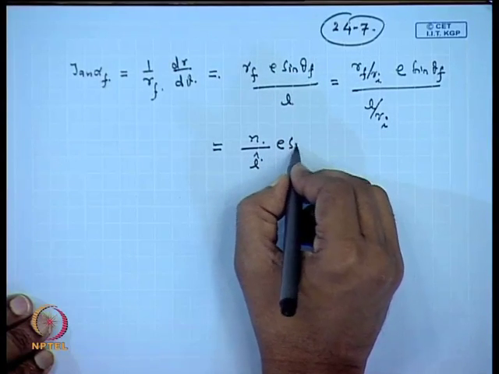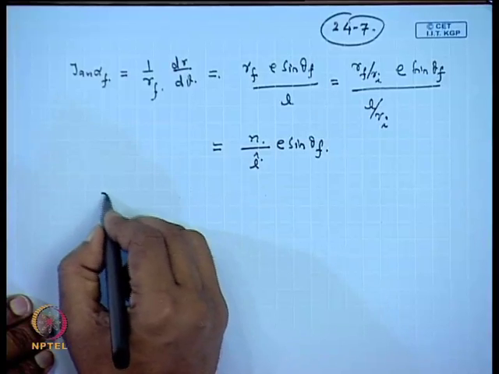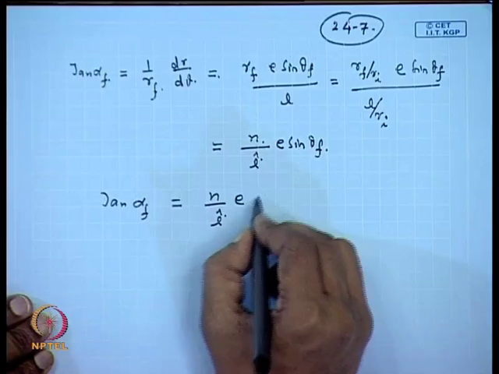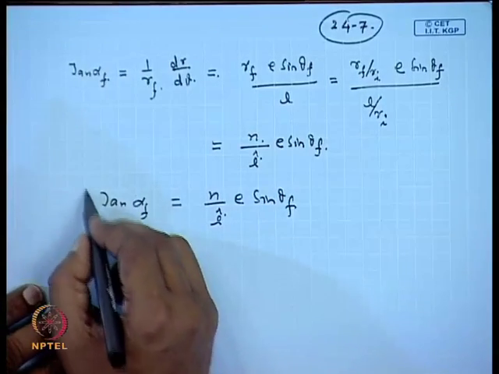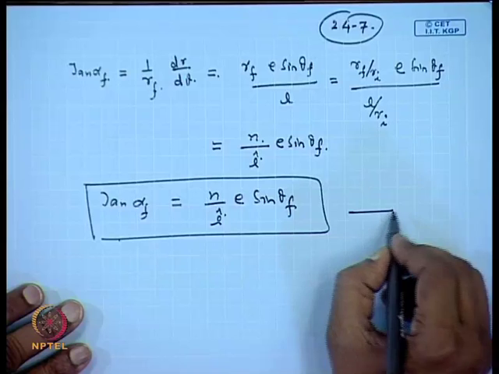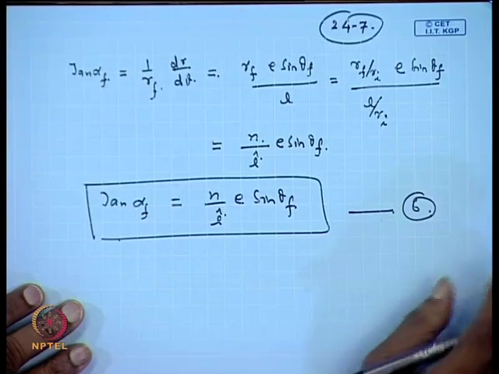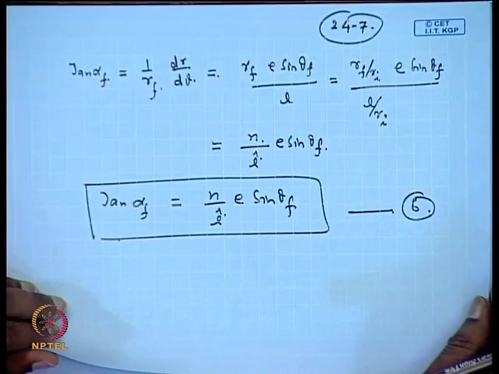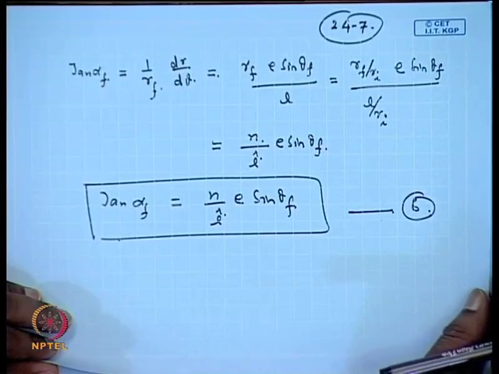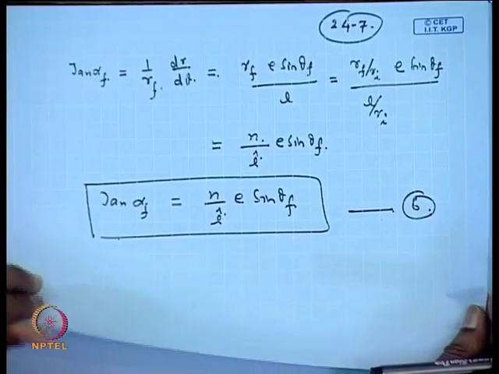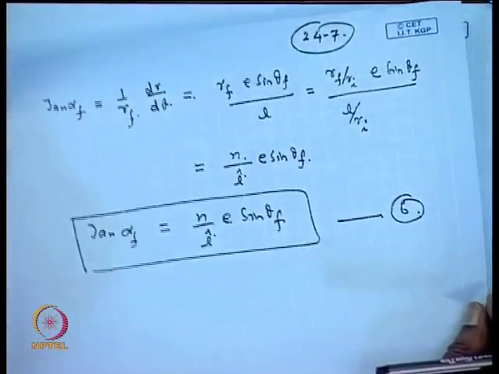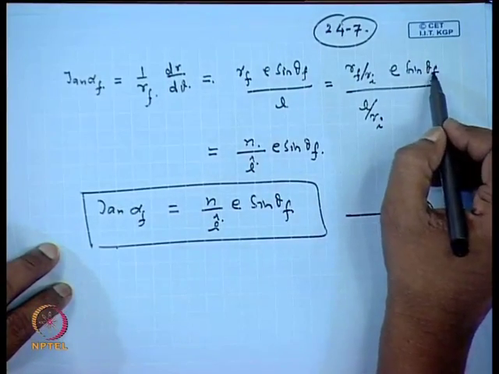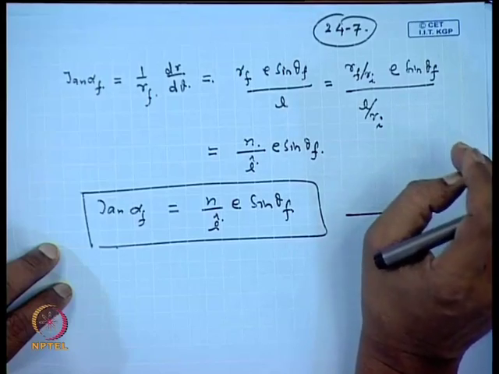So, thus tan alpha f becomes equal to n e sin theta f divided by L cap. This is our equation number 6. Once we have got this, it is easy to work out. Now, the quantities present here, theta f and theta I, also need to be eliminated.